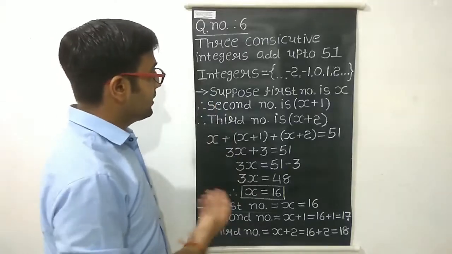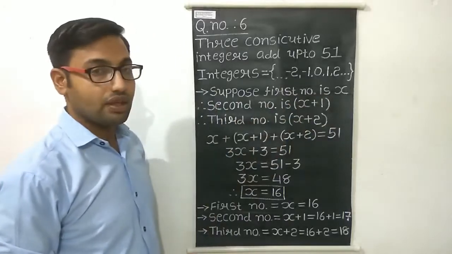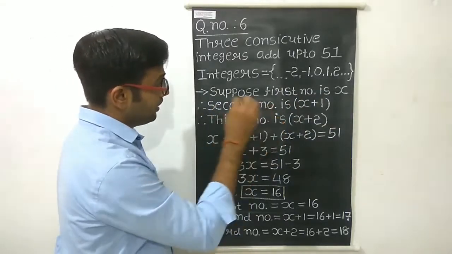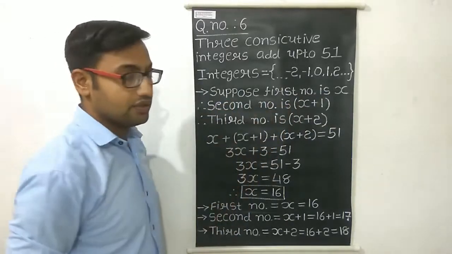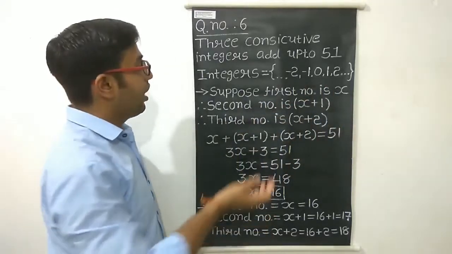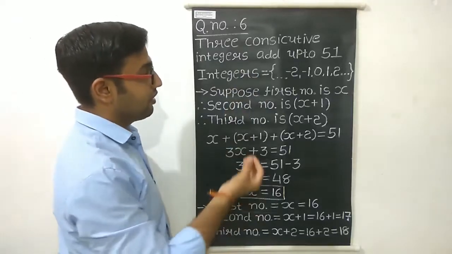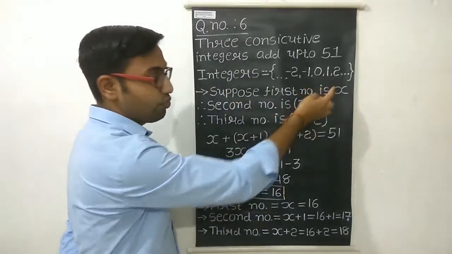So let's suppose the first number is x. Why do we take x here? Because we don't know which numbers out of the 3 are the exact ones.